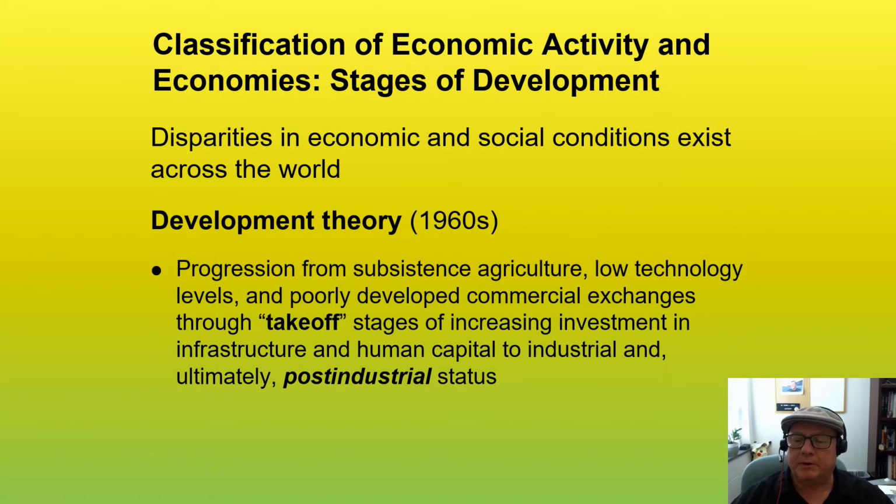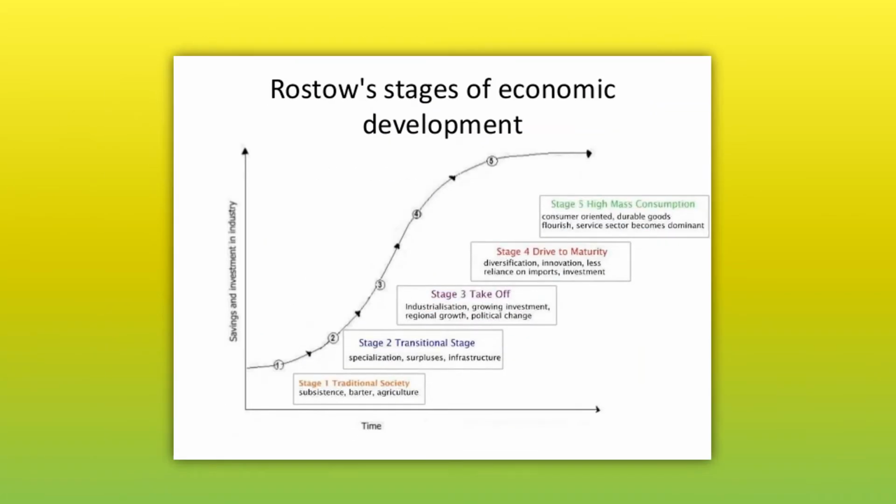One part of economic geography that's very important is looking at the economic development status of countries. Most countries go through stages that's been categorized by Rostow.